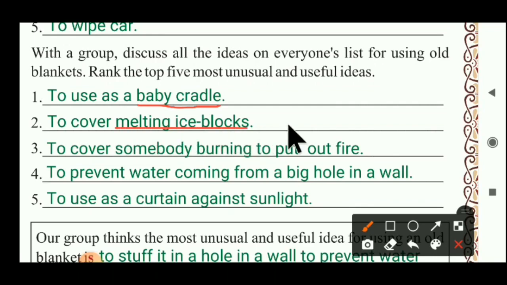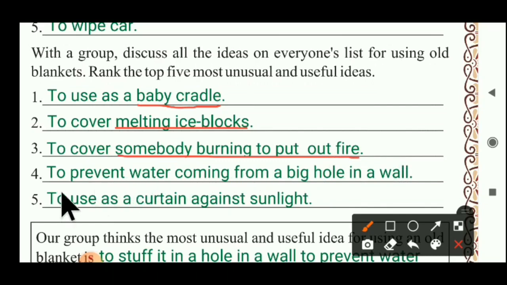Second most interesting idea, second top rank: to cover melting ice blocks. Third interesting idea is to cover somebody burning, to put out fire. Some person or thing burning in a fire, you have to cover it with that old blanket.